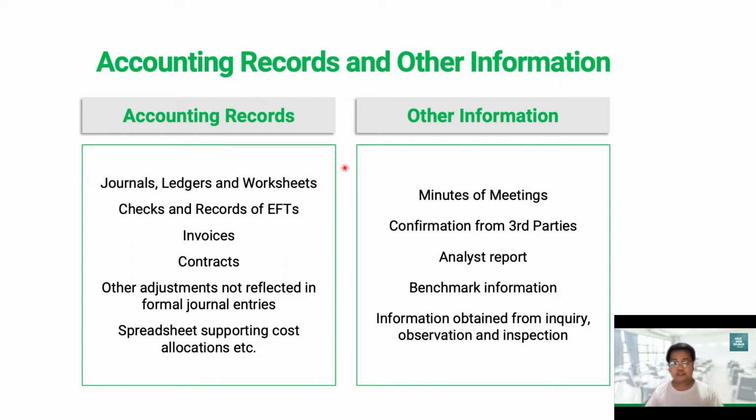Examples of other information include minutes of meetings of the board of directors or shareholders, confirmations we receive from third parties like customers, banks, and lawyers, reports of analysts, information from competitors, which is called benchmark information, and information derived from performance of audit procedures like inquiry, observation, and inspection.